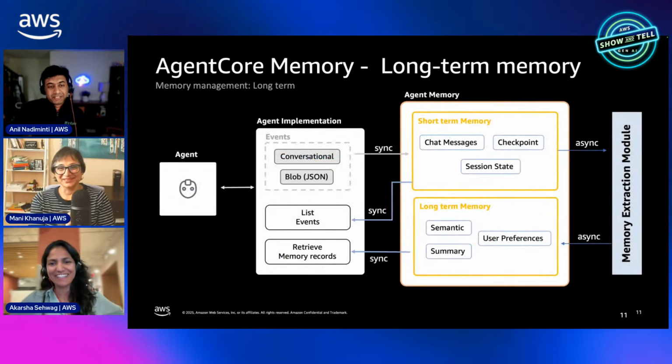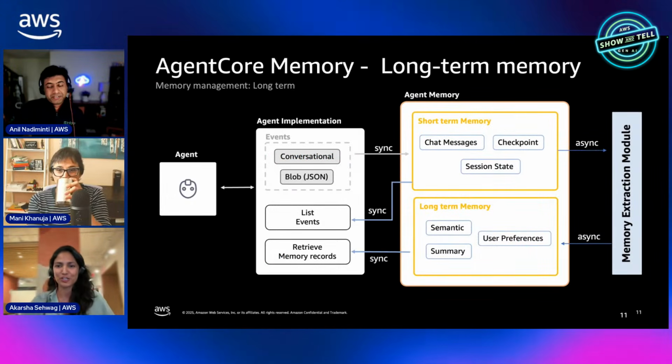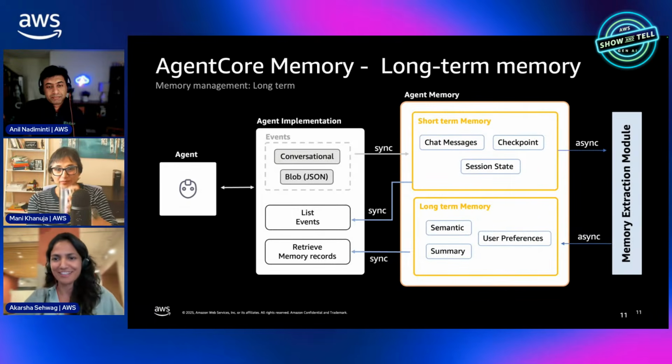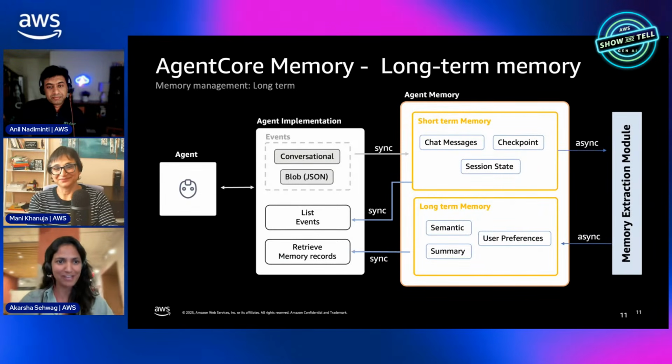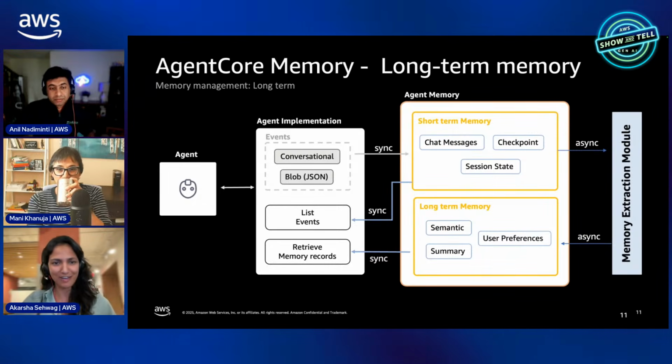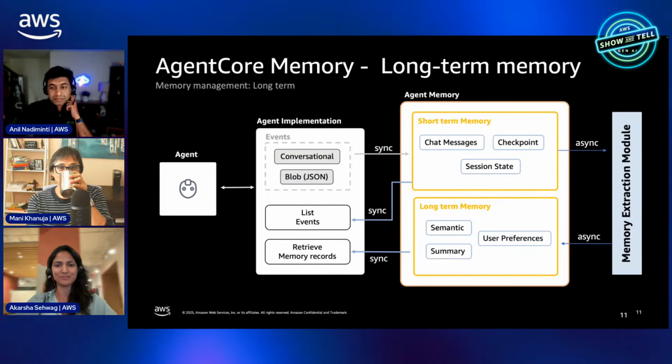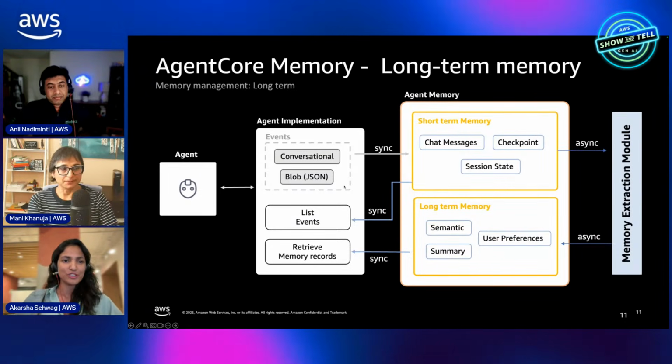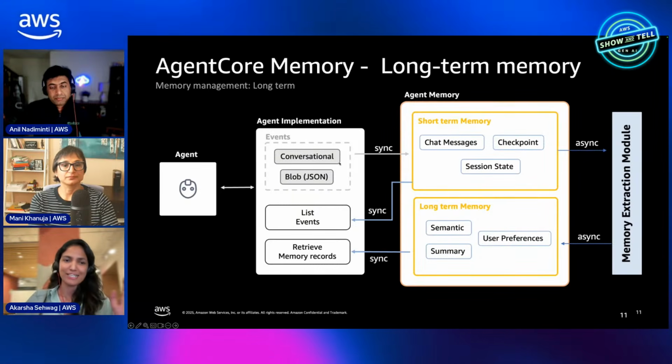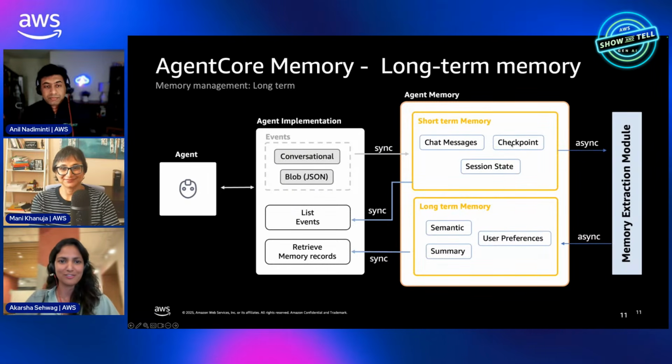All right, so here's where things get very interesting. Now we have the full picture, and we look at how everything flows. We talked about the raw events, right? They just don't sit in there.